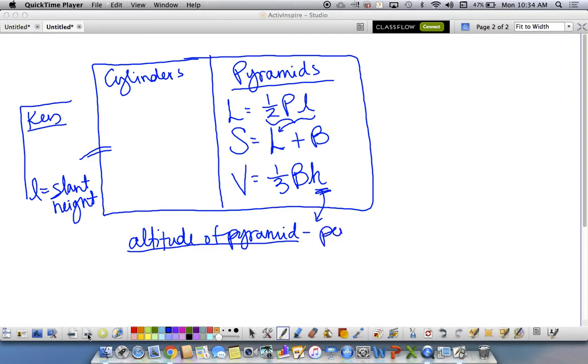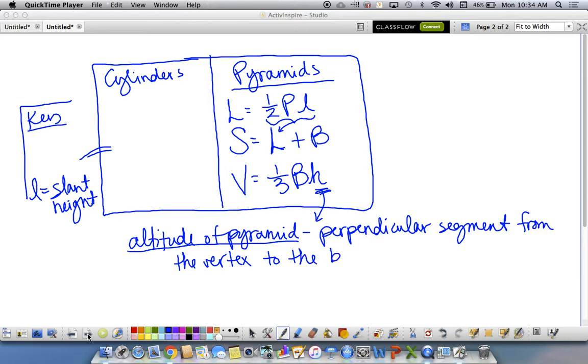The perpendicular segment from the vertex to the base. Okay? Altitude of a pyramid is from the top, the vertex, straight down perpendicular to the base. Okay? Most of the time, if it's a regular pyramid, it'll hit right in the middle of the pyramid.